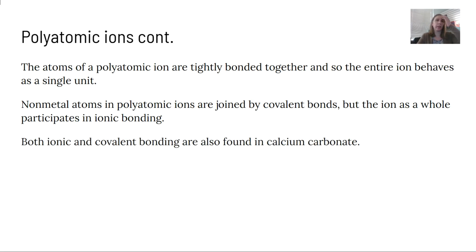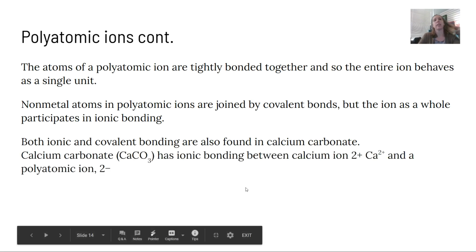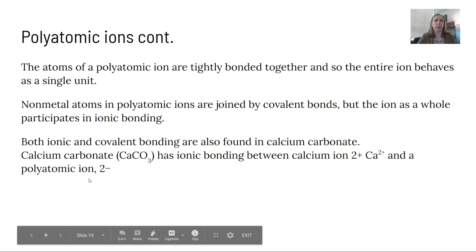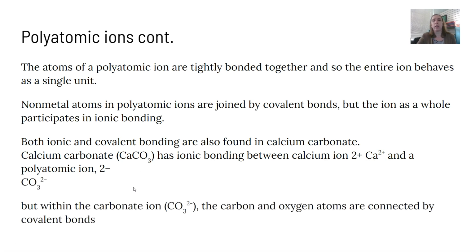Both ionic and covalent bonding are also found in calcium carbonate. So calcium carbonate, CaCO3, has ionic bonding between the calcium ion, Ca2+, and a polyatomic ion, CO3 2-. But within the carbonate ion, the carbon and oxygen atoms are connected by covalent bonds. They are sharing electrons.